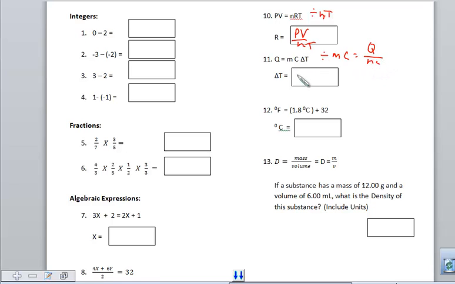So delta T equals Q, which means energy, over mass times the specific heat. This is actually a problem, I think in chapter 12 or 13, where we use this equation where the energy equals the mass of the substance multiplied by the amount of energy required to change 1 gram 1 degree, and then this is the number of degrees that the temperature was changed. So these are actual formulas that we use.